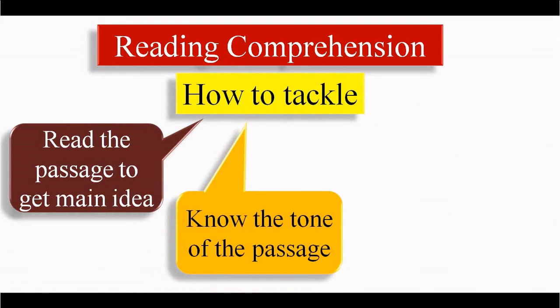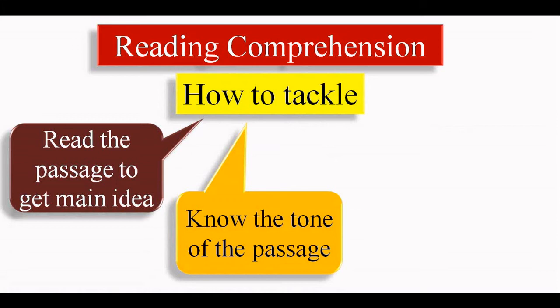Next, know the tone of the passage. Remember, a passage is written in three ways. First of all, explanation, that is called positive tone. All the passages are written to explain something, and that becomes positive tone. The second one, the passage is written to analyze. It means positive and negative points both are discussed.